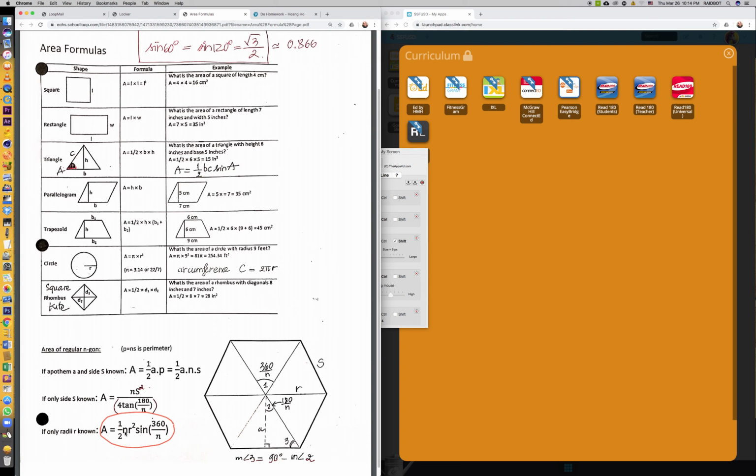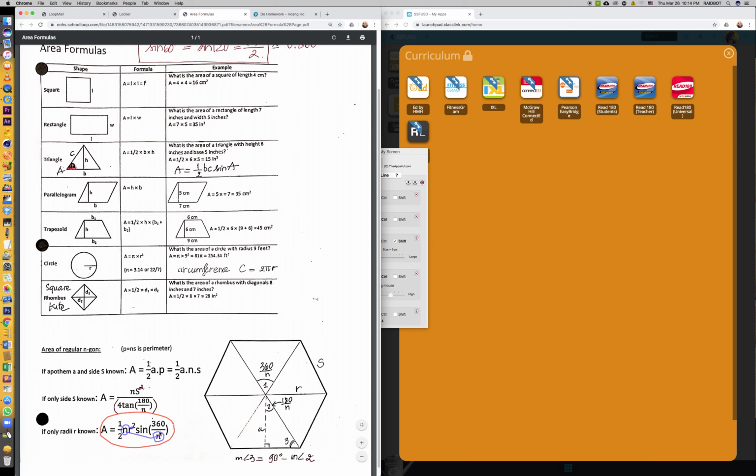In this formula, n appears in 2 places: n right here, and also n right here.